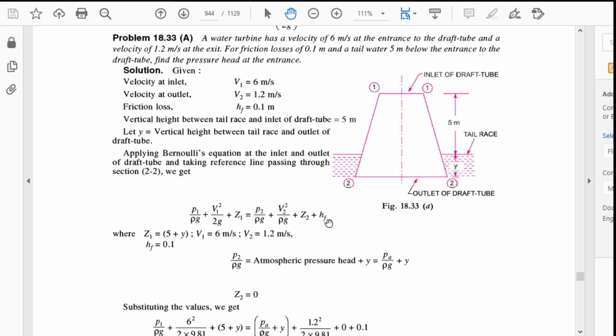Here the Z2 value will be 0, and hf is given as 0.1, so we have to find the remaining values.